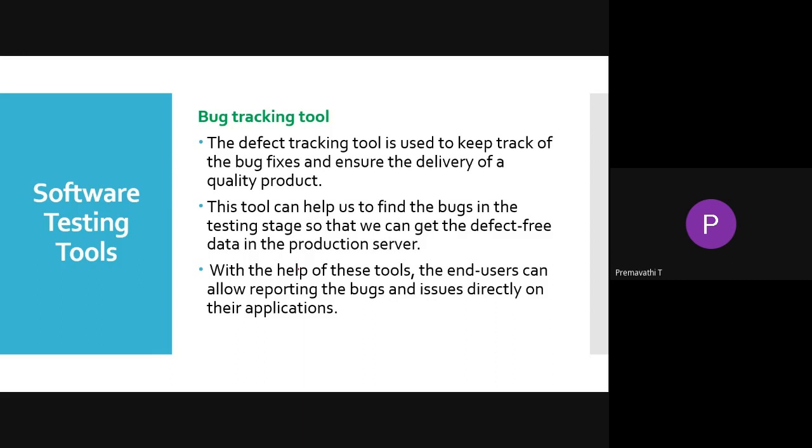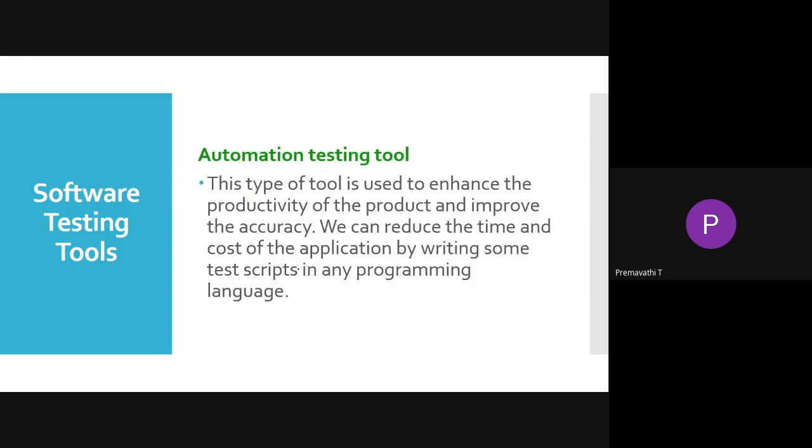And one more thing, the next one, the automation testing tool. The automation testing tool is used to enhance the productivity of the product and also improve the accuracy. That is, we reduce the cost of the application by writing the test scripts in any programming language. This is the tool. One of the tools is used for fully automating.